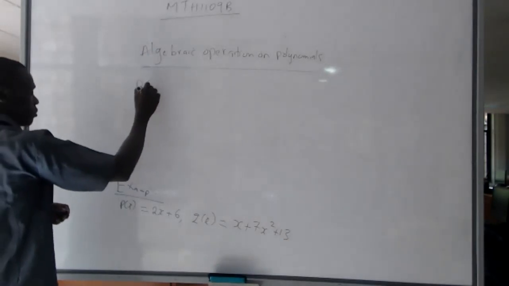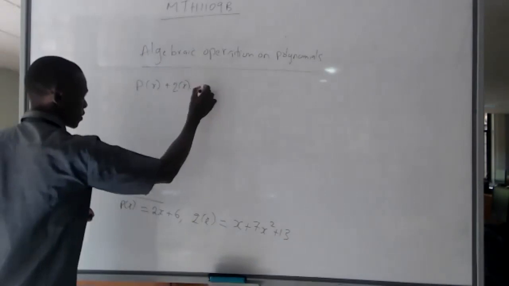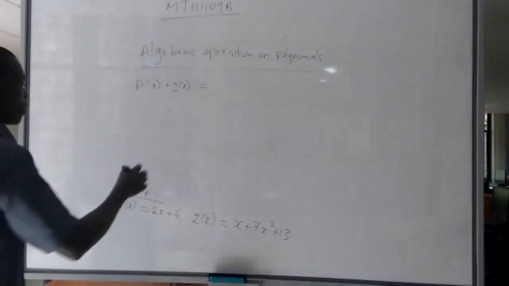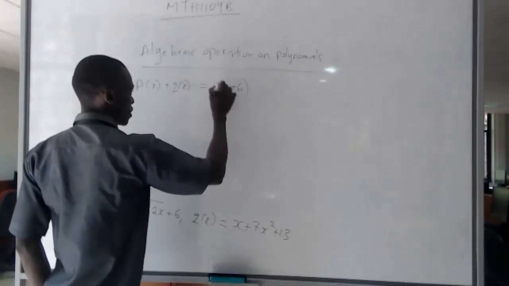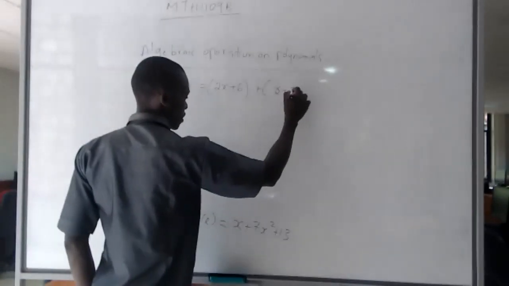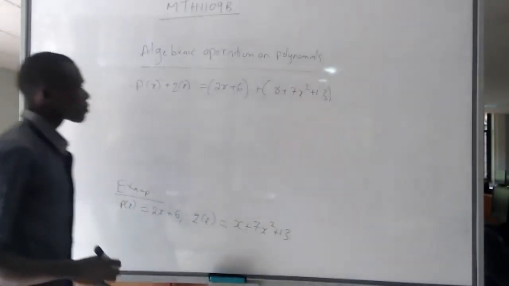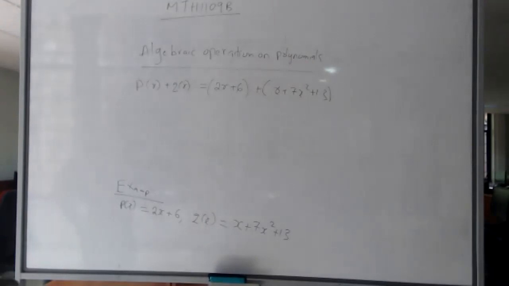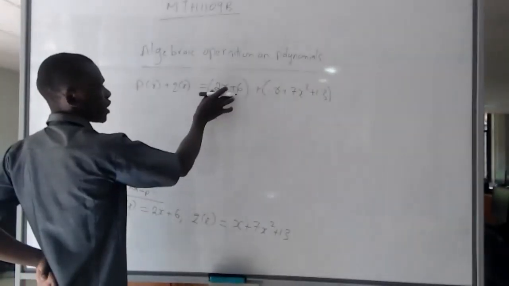So firstly, P of x plus Q of x. Of course, this will be 2x plus 6, and you're adding these two, x plus 7x squared plus 13. Well, there is no x squared this side.